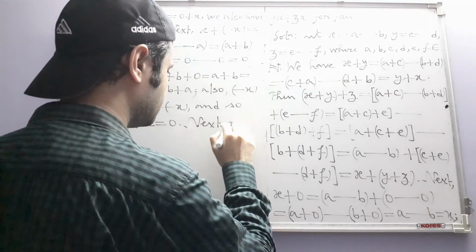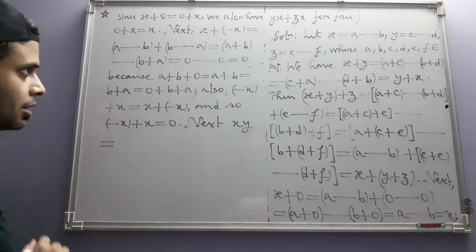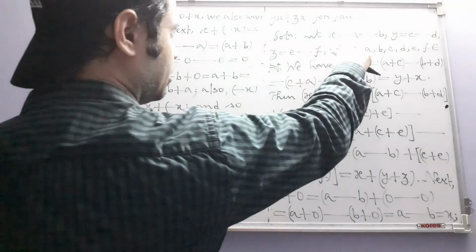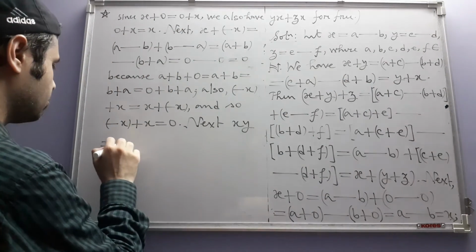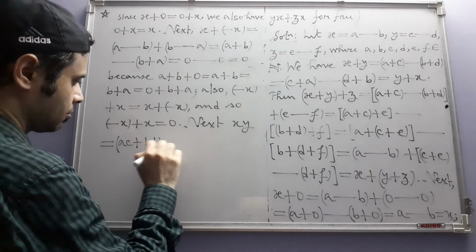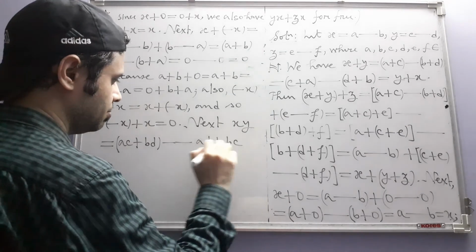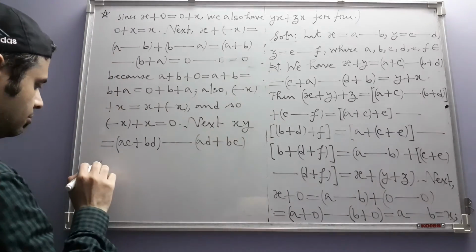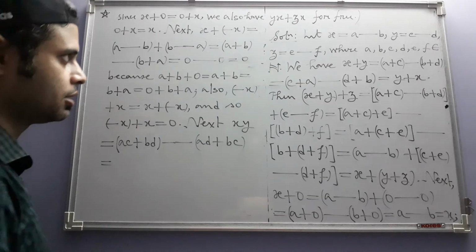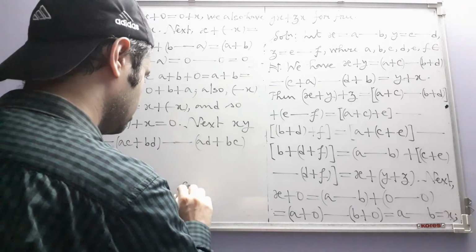Next, xy, what will xy be? AC plus BD dash AD plus BC. Okay, and this should be equal to, what will yx be?